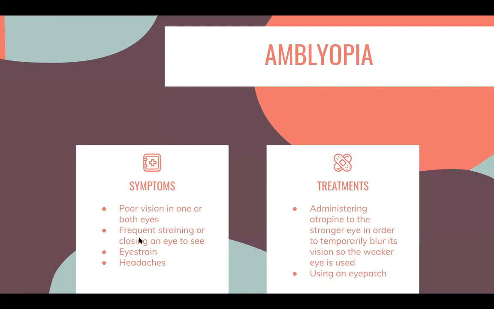Also getting eye strain and some headaches. As for the causes, I guess it can't really be pinpointed. It's just something abnormal that happens, but it typically occurs when you're children.